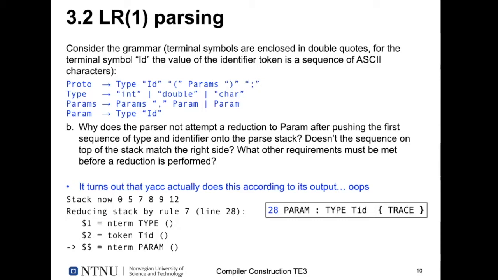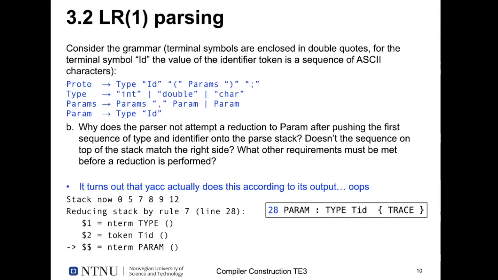Now, when you look at the Yak debug output for this, you actually see that there's a state on the stack already, and then it reads type and ID. So the first set of type and ID we have here, and it actually immediately does this reduction here that I told you would not happen using this rule at line 28 here.